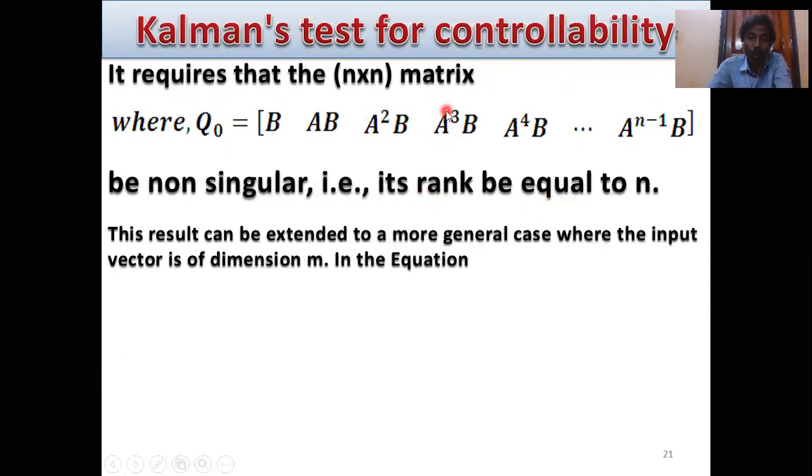That means this matrix is non-singular, and the rank of this matrix equals n. So if these two conditions are satisfied, then the system is controllable, otherwise uncontrollable.